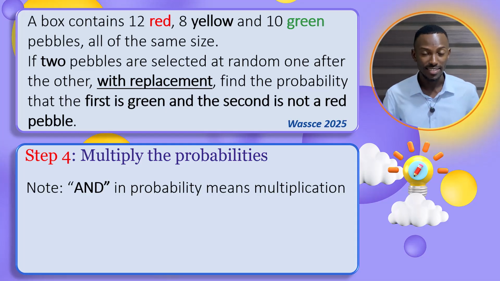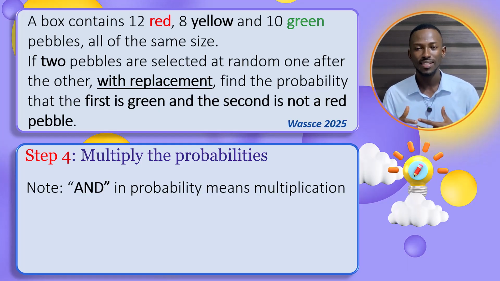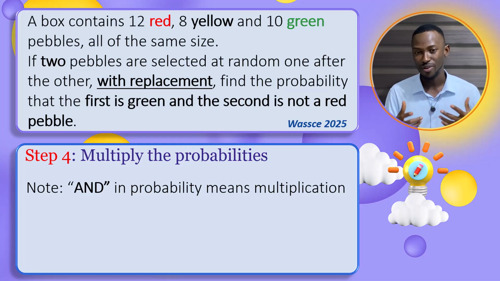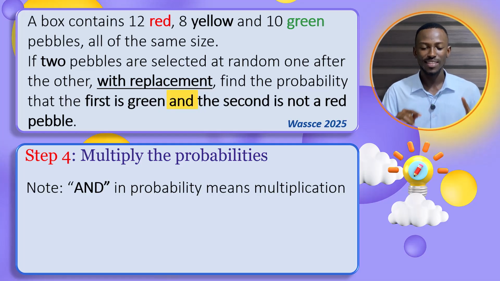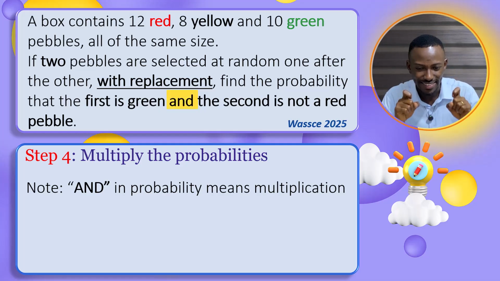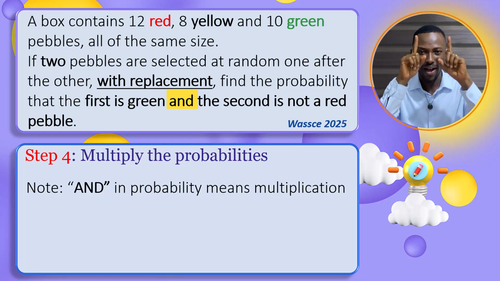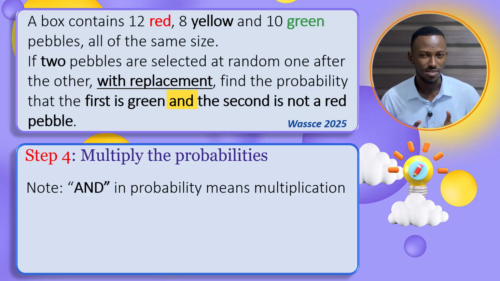In probability, the word "and" means multiplication, and the word "or" means addition. So if we're asked to find the probability that the first selection is green or the second selection is not a red pebble, then that's a different question. But for this question, you can see that the first is green and the second is not red. So "and" means multiplication in probability. So keep that in mind.